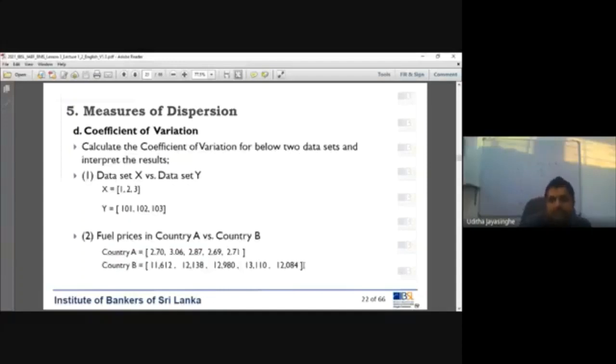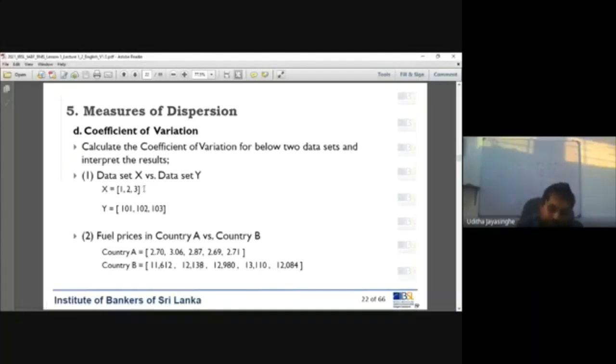This I will again give as homework, slide number 22. Before the beginning of next class, we are going to discuss this. I want you to calculate the coefficient of variation for the below two data sets and interpret the results. Set X has 1, 2, 3.